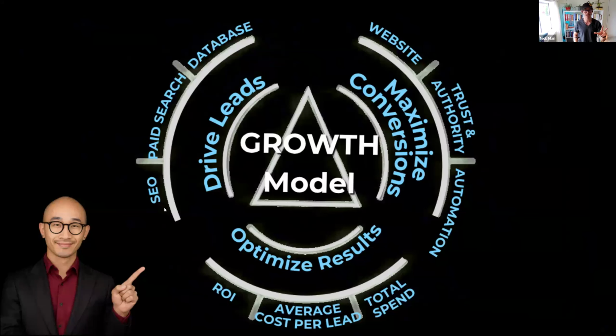When you're looking at systemizing how to grow your business, you can look at three different things on the internet marketing side. Number one, drive leads. Once you have the traffic coming to your website, whether it's through SEO, paid search, or your own CRM or databases bringing in leads, then you maximize conversion.